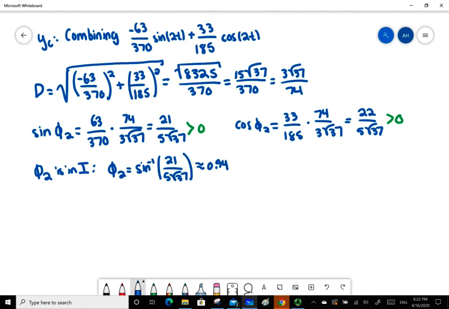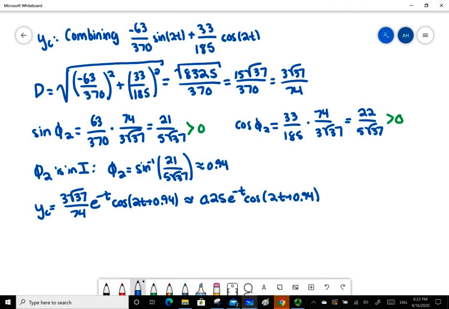So the transient term simplifies to yc equals 3 square root of 37 over 74 times e to the negative t cosine of 2t plus 0.94, which is approximately 0.25 e to the negative t cosine of 2t plus 0.94.